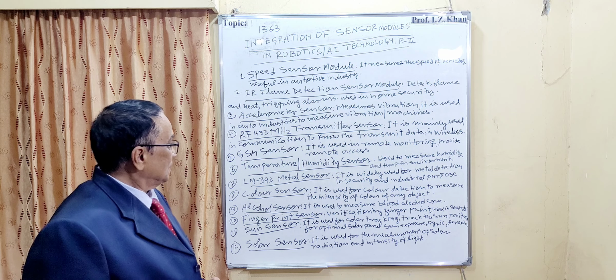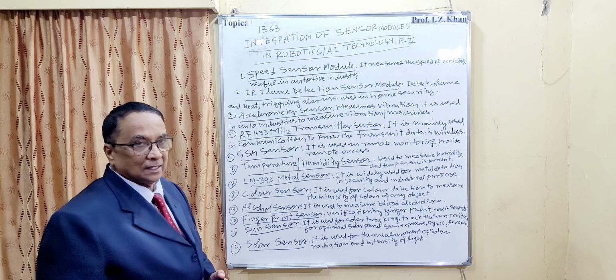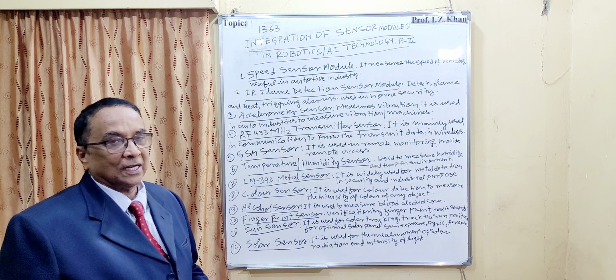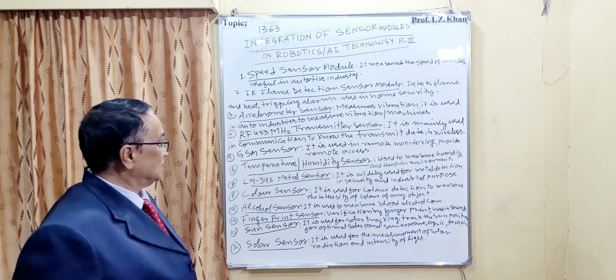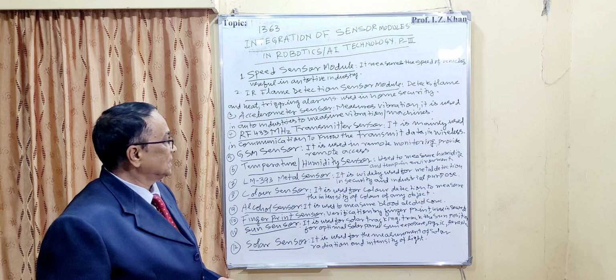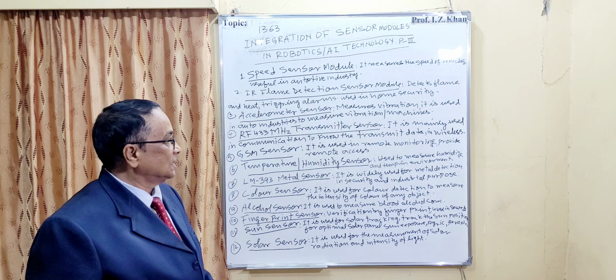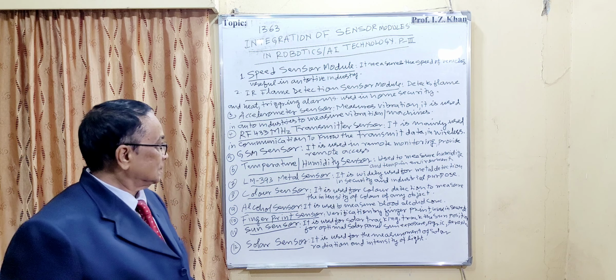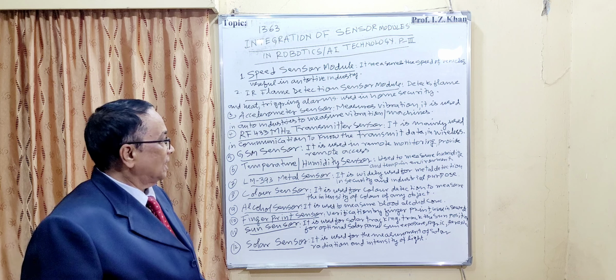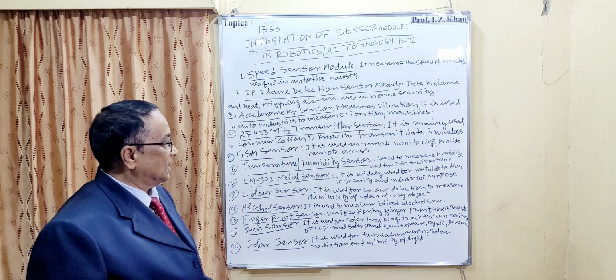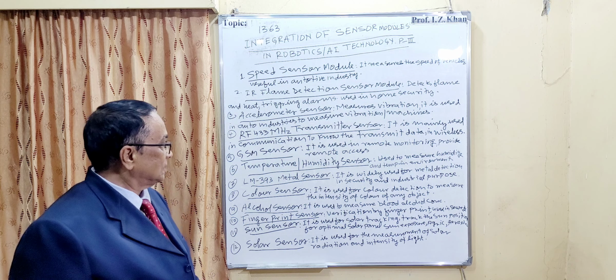Number five, GSM sensor. Everybody is aware of GSM because of navigation; it will give remote area direction and every information. So that is called a GSM sensor. It is used in remote monitoring and provides remote access. Number six, temperature humidity sensor. Used to measure humidity and temperature in the environment.